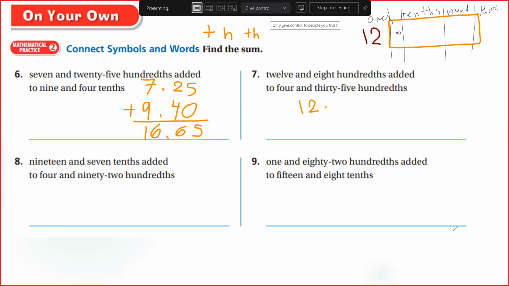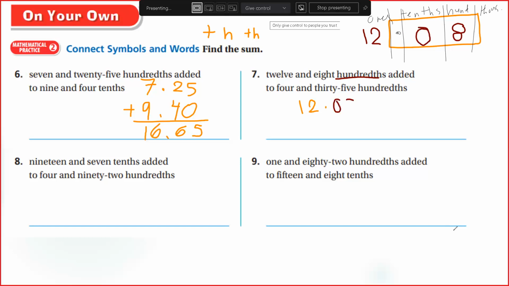So, and under what? 8 hundredths. Under what? Under the hundredths. So it's gonna be now, and here I have to write 0.